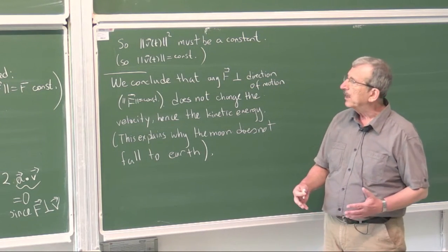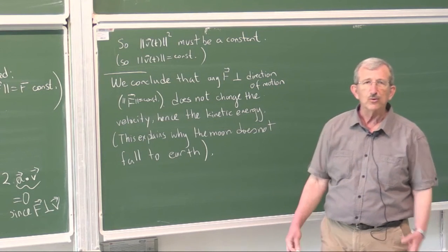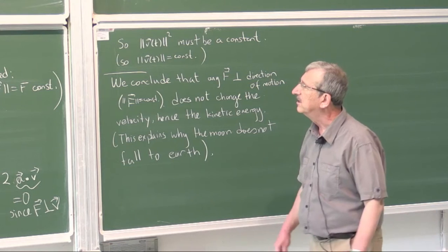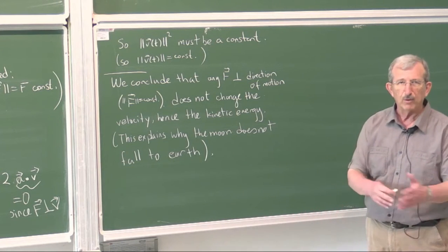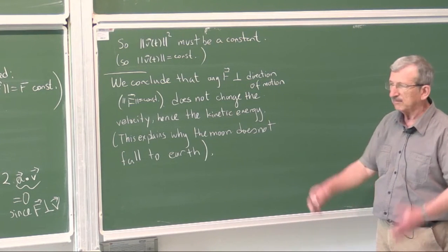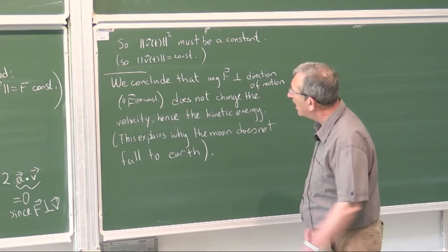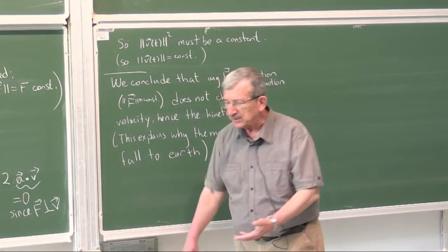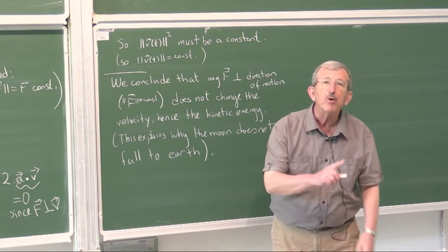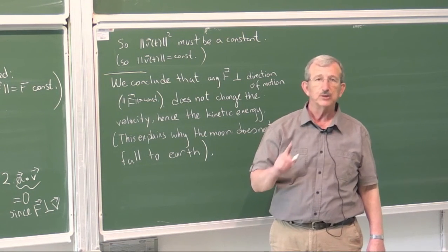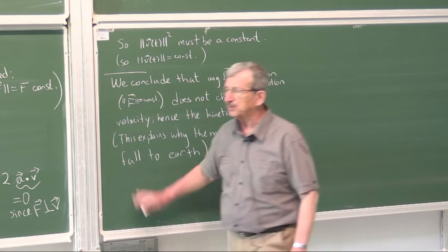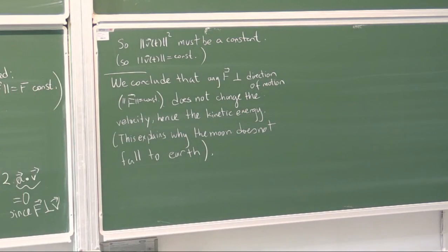Actually, physicists tell us that eventually it will fall in a few billion years, whatever. And of course, the moon does not go around the Earth in a perfect circle as well. But more or less, that is the explanation one can give.